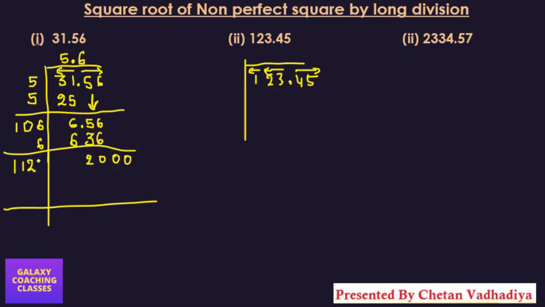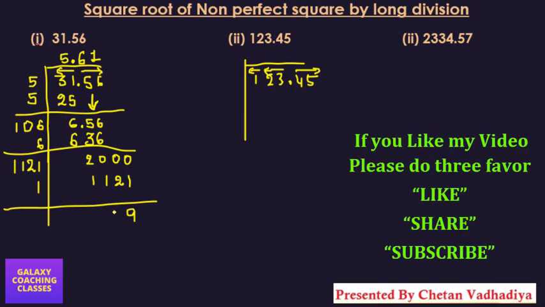If you take 1122 into 2, that number will be greater than 2000. So we need to take 1 only. So here you will get 1121, and here also you keep 1, and here you will get 879. But we need to find up to 2 decimal places only.